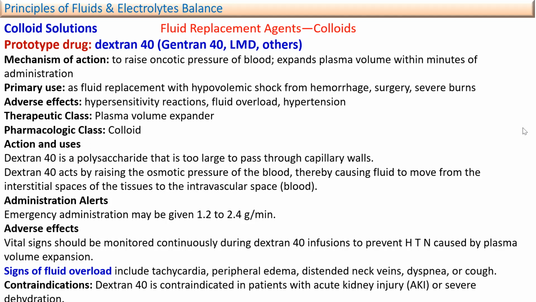The plasma expanders include colloids, dextran, and protein solutions such as albumin. Albumin is available as a 5% and 25% solution.